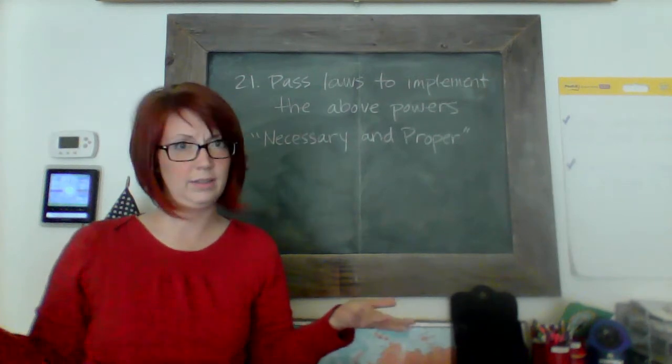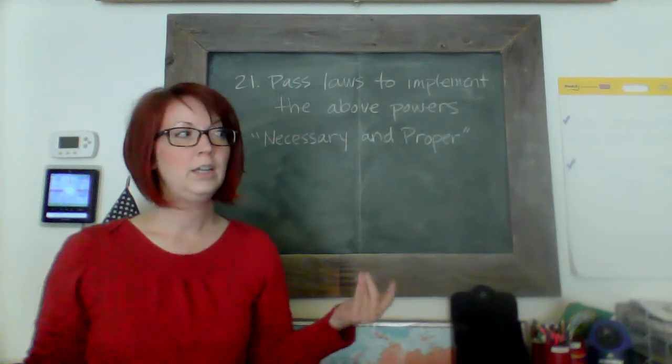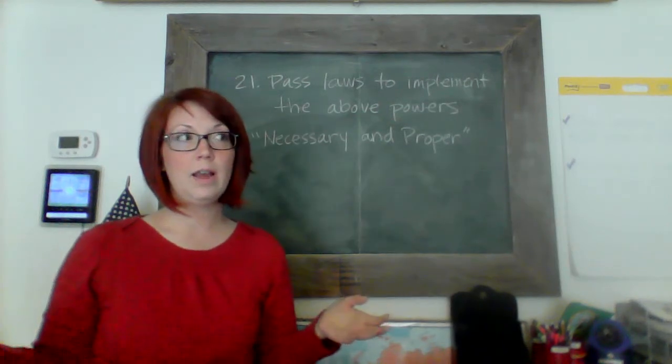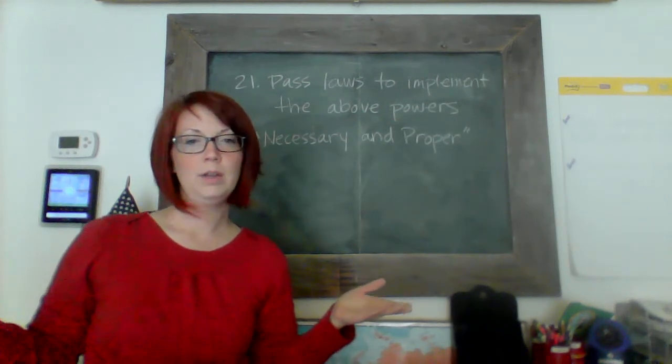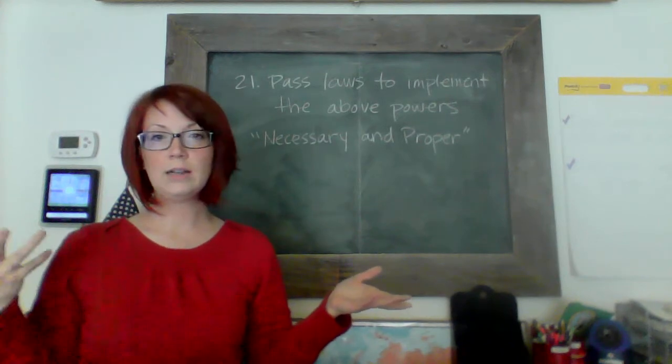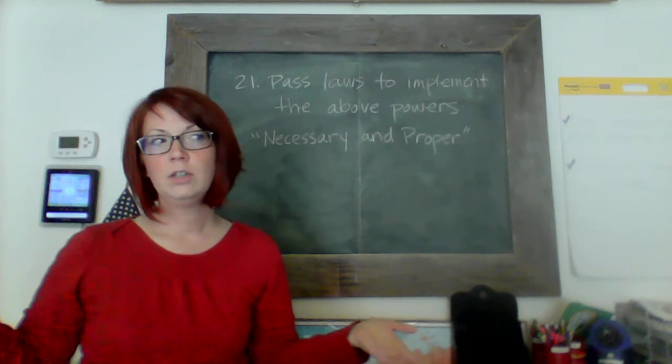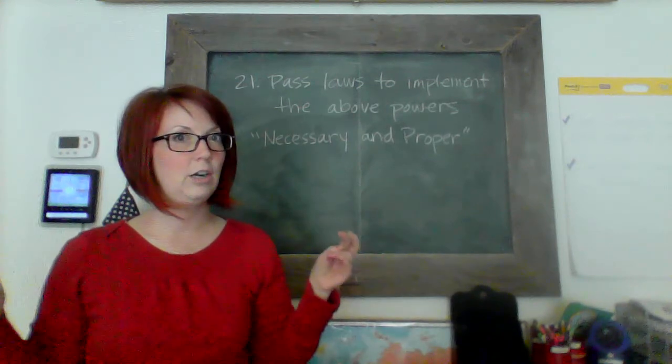It can mean a lot of things to a lot of different people, and maybe instituting some kind of welfare program to use tax dollars to help people who are underprivileged is considered necessary and proper.